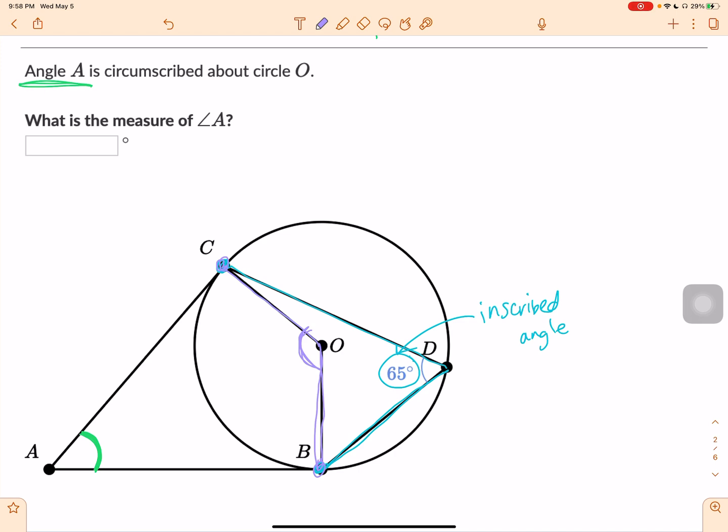If this one here is 65 degrees, the inscribed angle, then the central angle is twice the number of degrees of the inscribed angle. So 65 times 2 is 130 degrees. That tells me that this arc here is also 130 degrees.